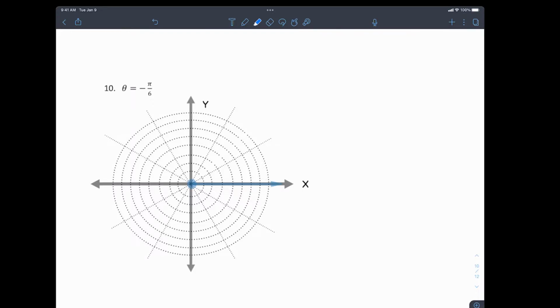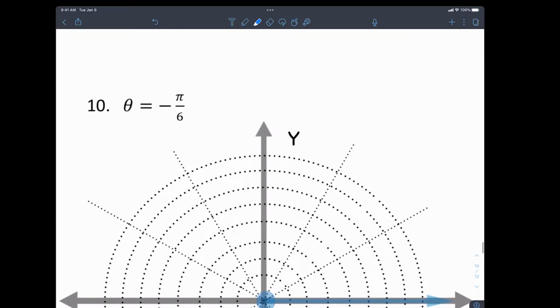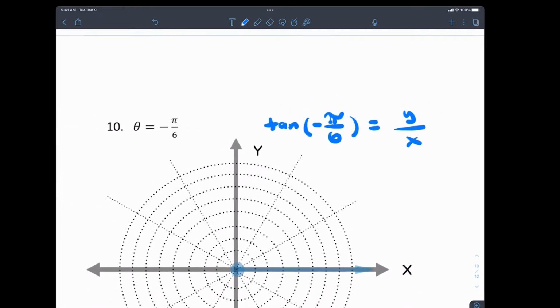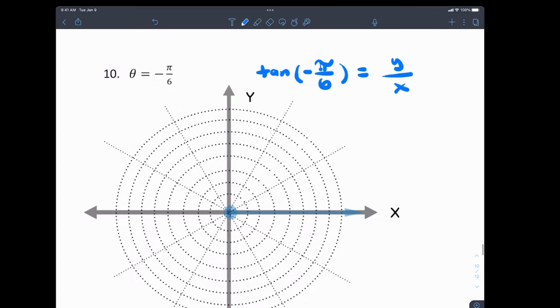And you say, well, what about this? What if theta is negative pi over 6? Well, you do the same thing. Tangent theta, in this case tangent of negative pi over 6, will equal y over x. We know this is a line through the origin.